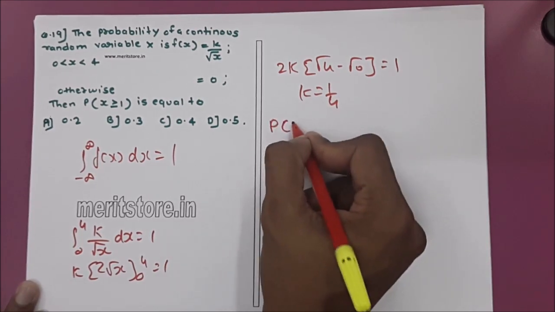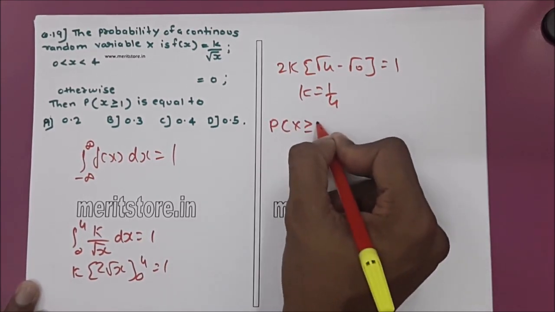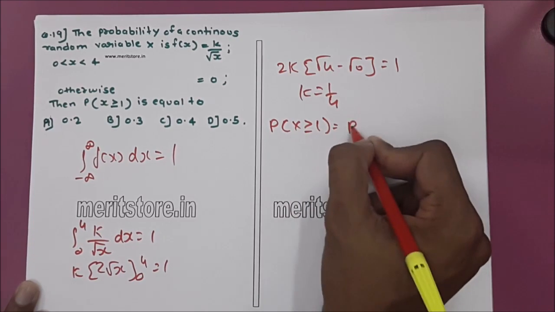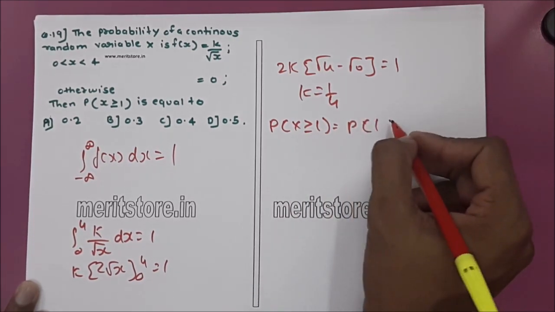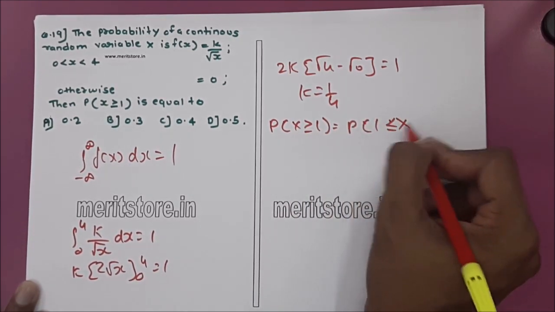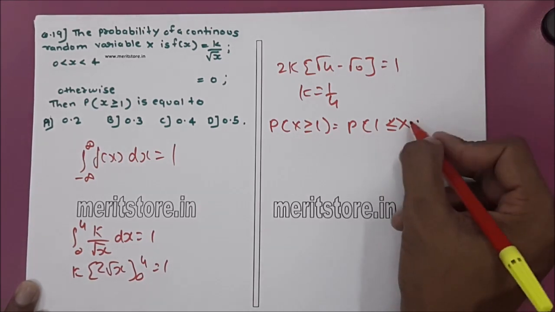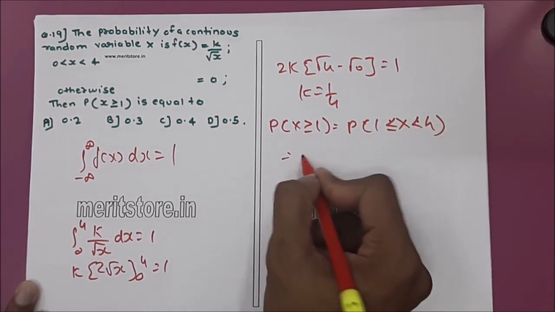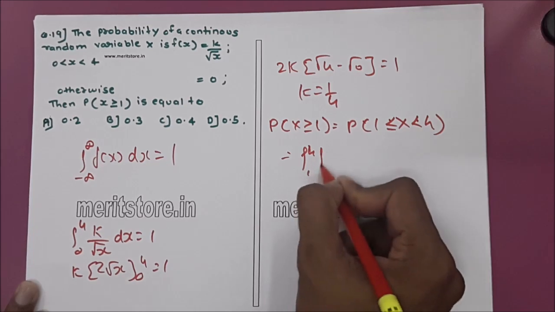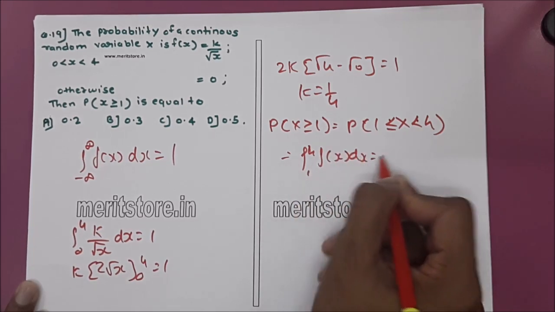We have P of x greater than or equal to 1, that is x which is greater than or equal to 1 and less than 4. So the integral from 1 to 4 of fx dx is equal to 2k.